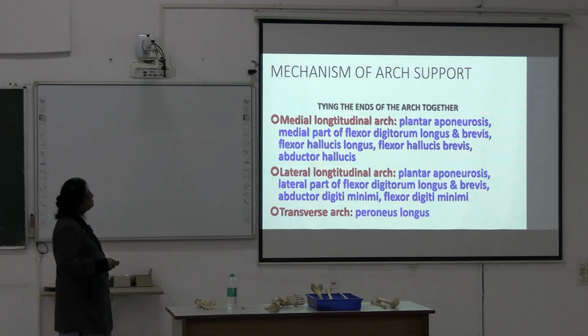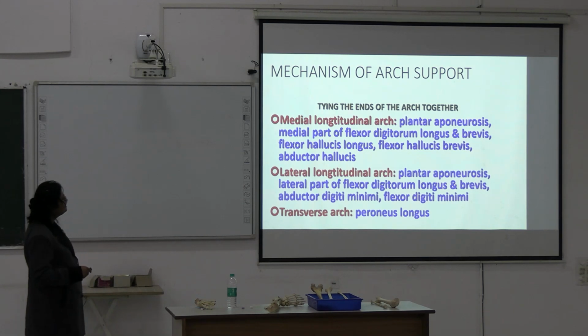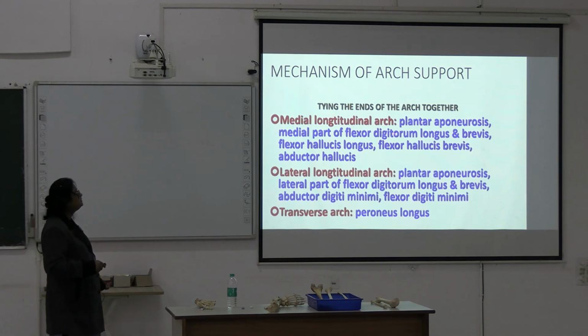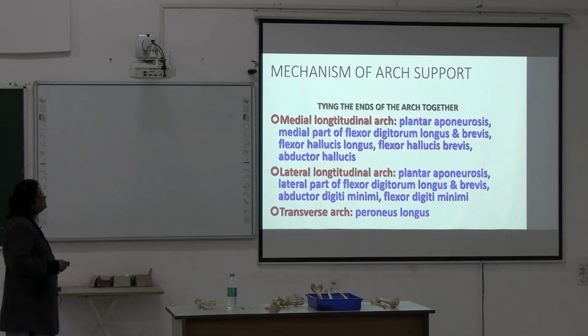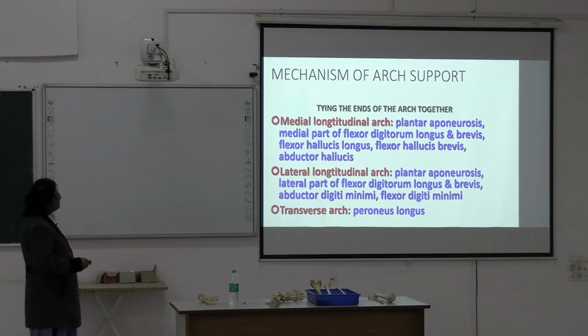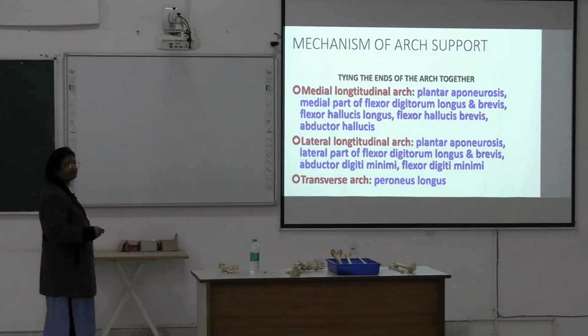Next, so tying the ends of the arch together, tie beam action is present. For the medial arch, plantar aponeurosis, medial part of flexor digitorum longus and brevis, flexor hallucis longus, flexor hallucis brevis and abductor hallucis, all these act as a tie beam. Main action is by flexor hallucis longus.